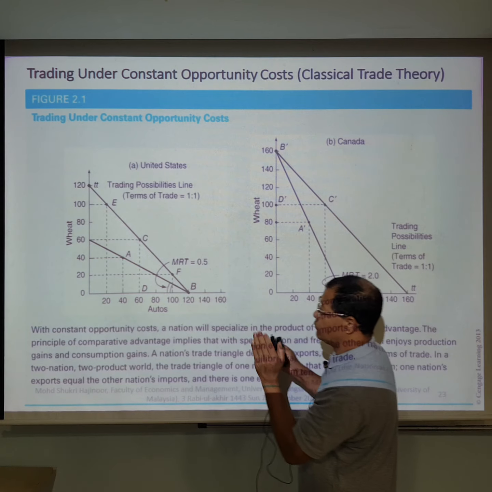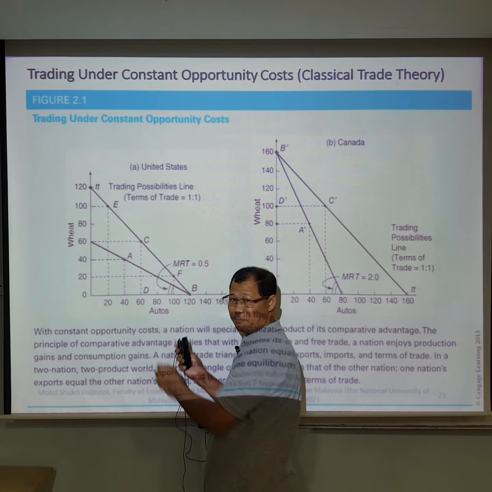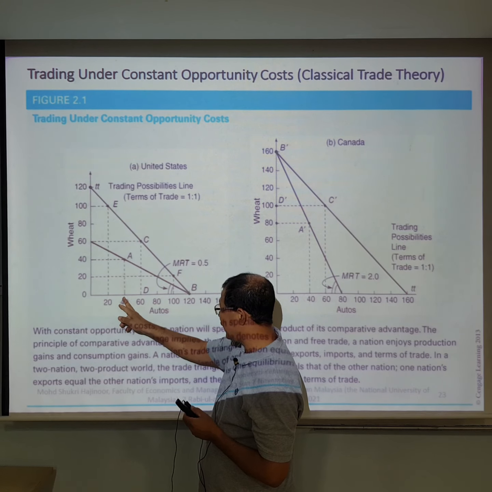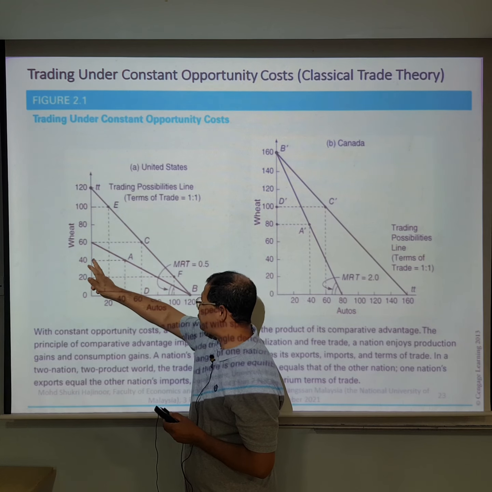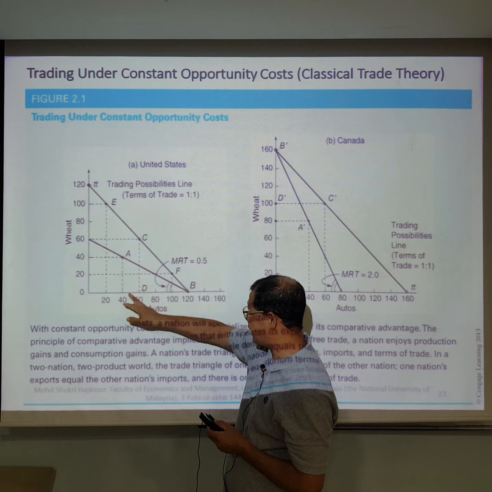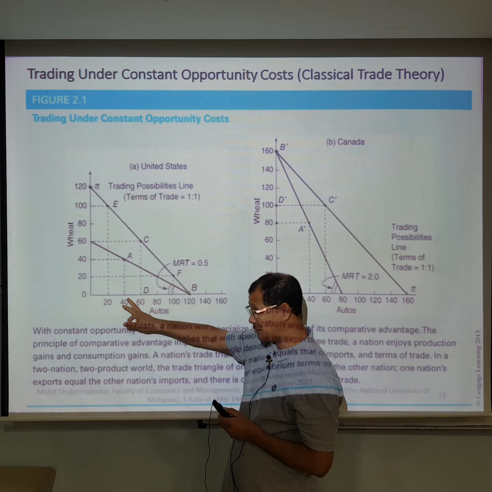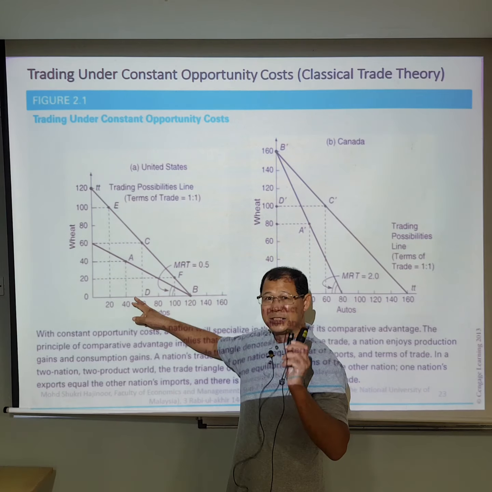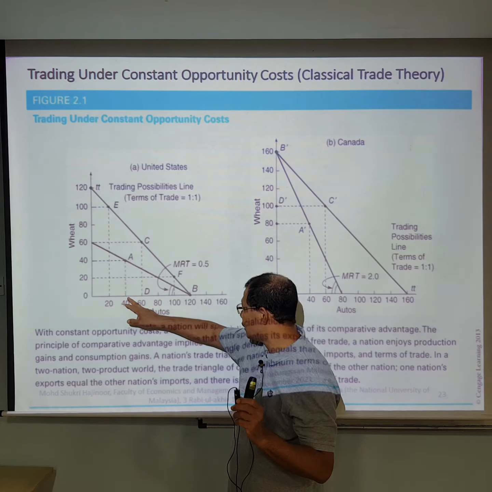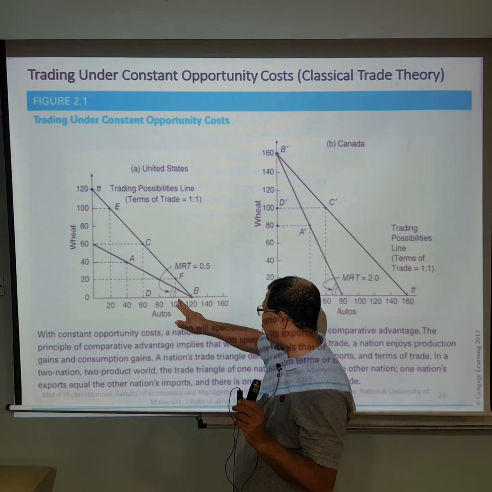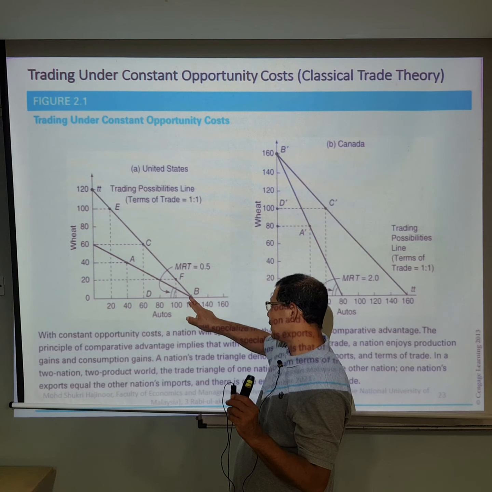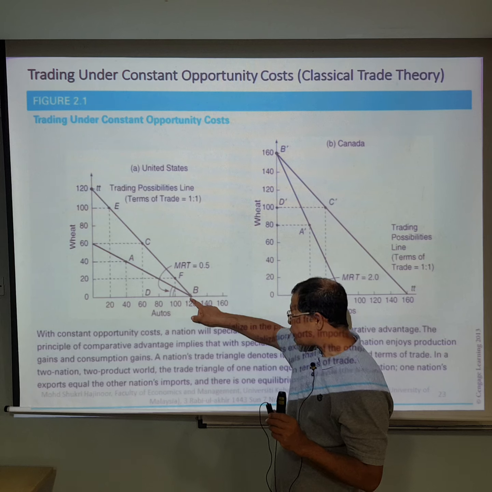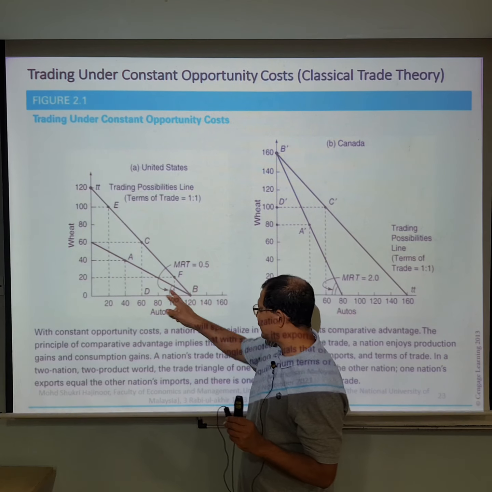So let's assume A is the initial point for United States, a combination of 40 auto and 40 wheat produced. Now we know that United States specializes in auto, complete specialization, all the way increasing auto to this point here: produce 120 auto and 0 wheat.